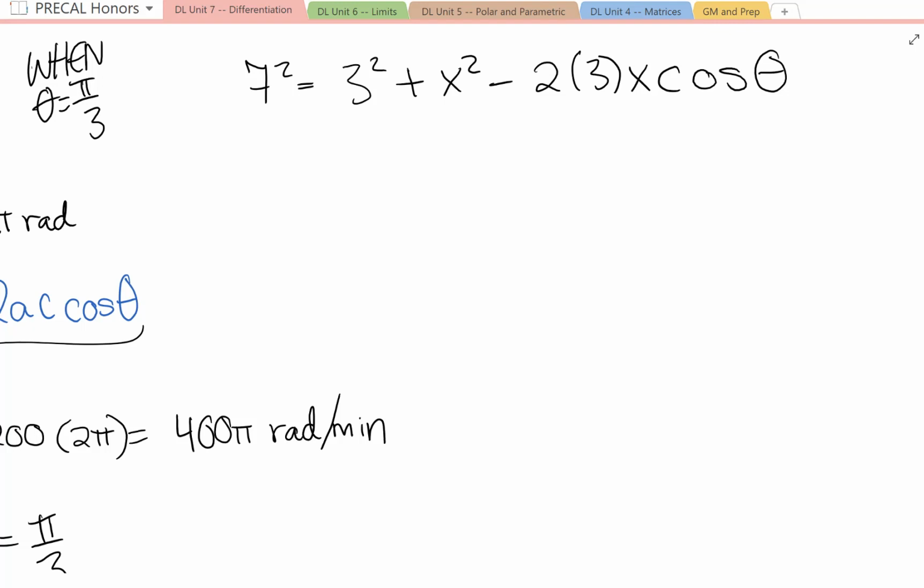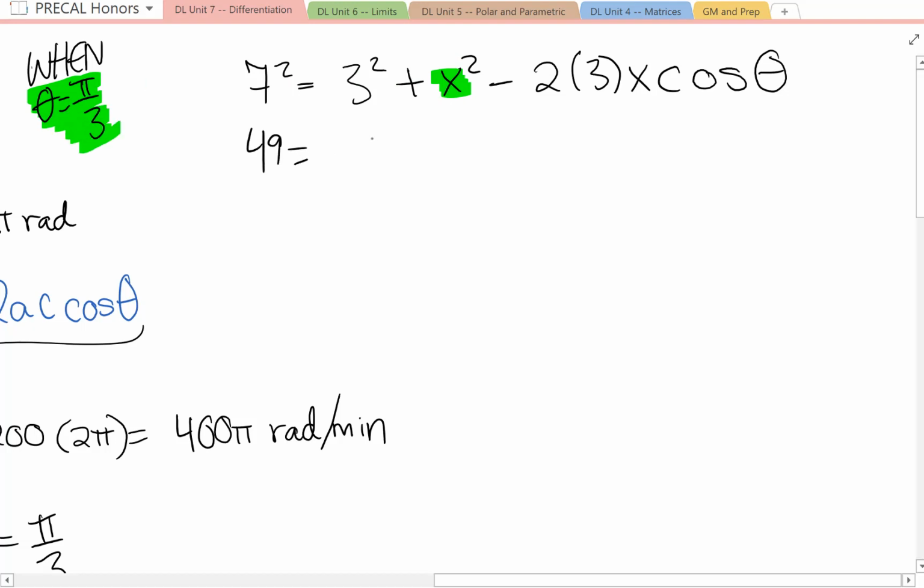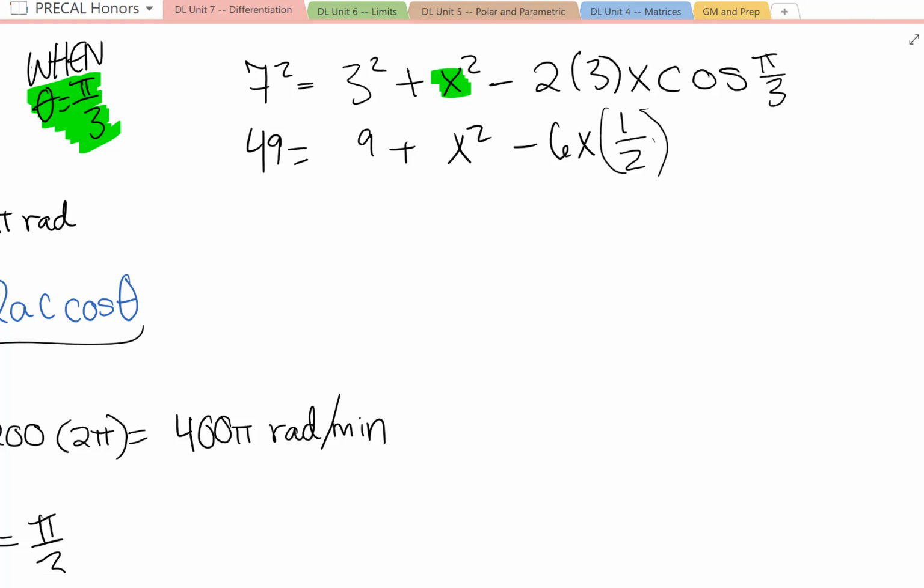So at this point, we're going to plug in pi thirds for theta in order to figure out what x is when theta is pi thirds. 49 equals 9 plus x squared minus 6x cosine of pi thirds. What is cosine of pi thirds? That's actually 1/2.